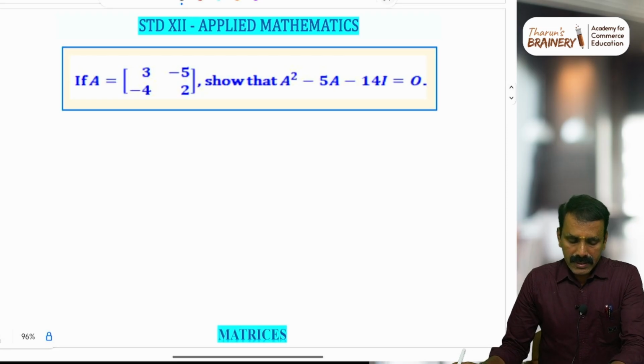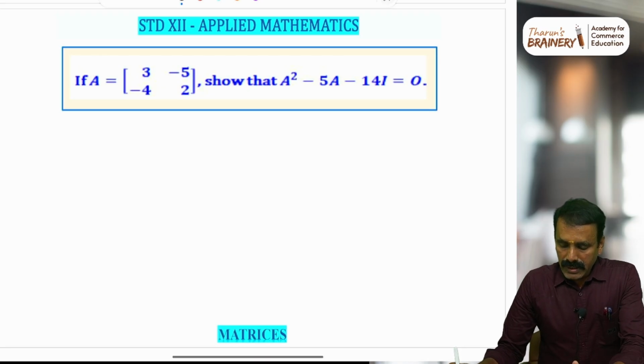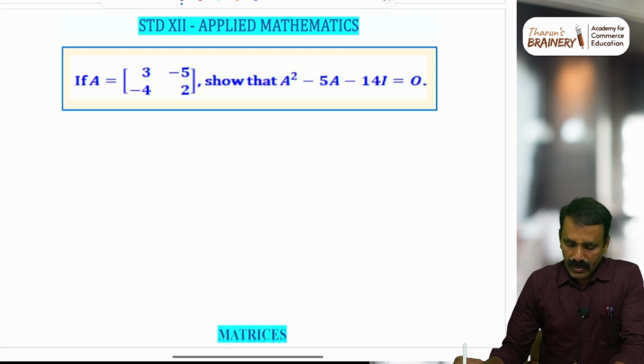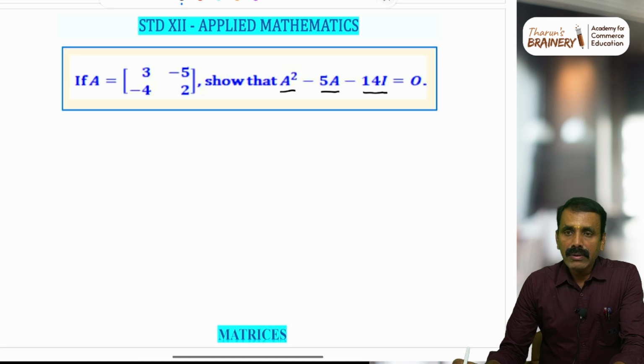Now see this question. A is equal to 3, minus 5, minus 4, 2. Show that A square minus 5A minus 14I equal to 0. Okay. So we are supposed to prove that A square minus 5A minus 14I equal to 0.